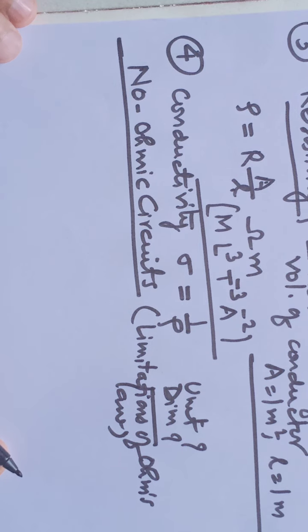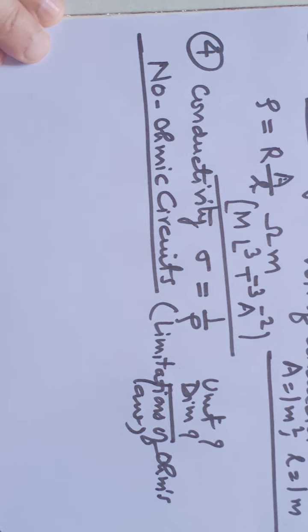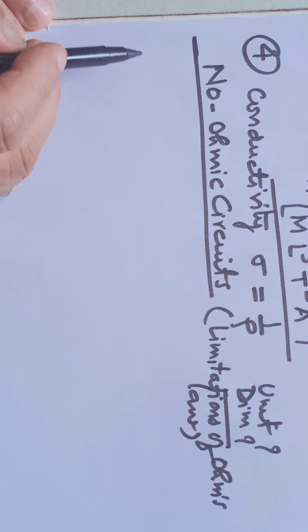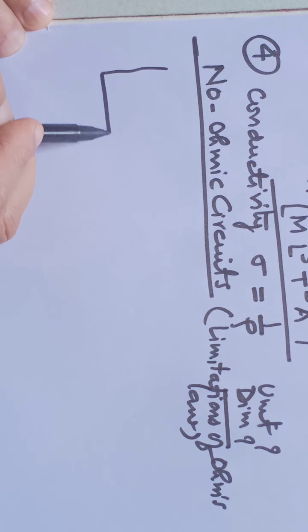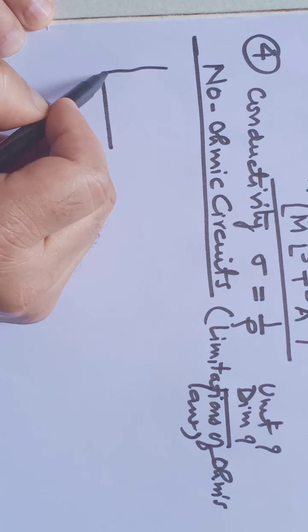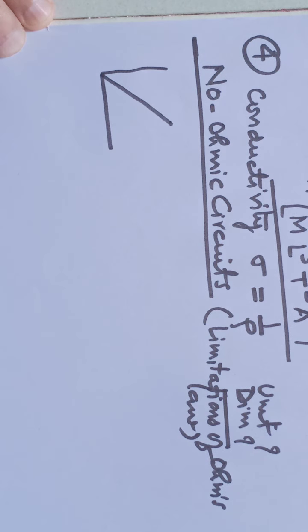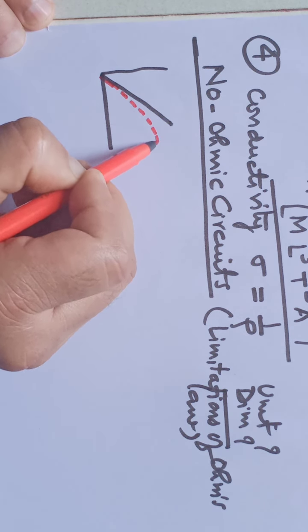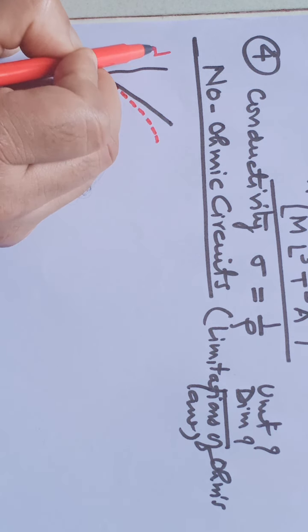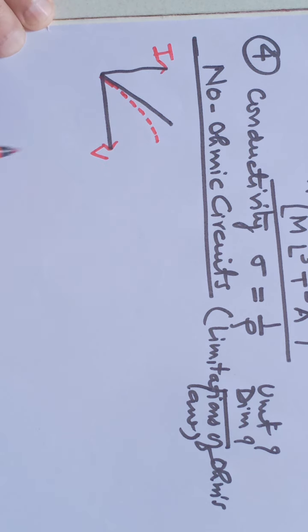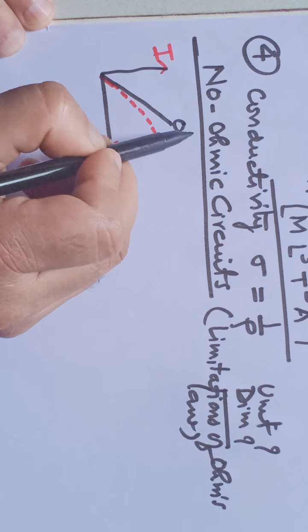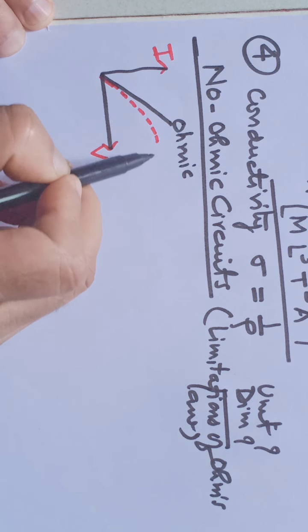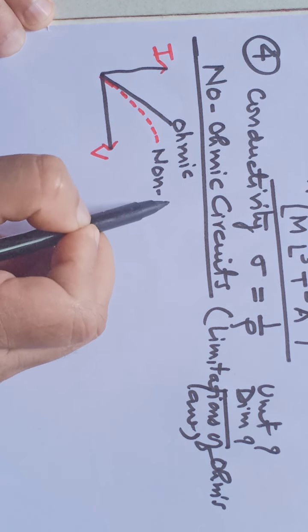So if the graph is not linear, the graph may be like that. This is a linear line. If the graph becomes like that, in the voltage versus current graph, this is an ohmic graph, this is a non-ohmic graph.